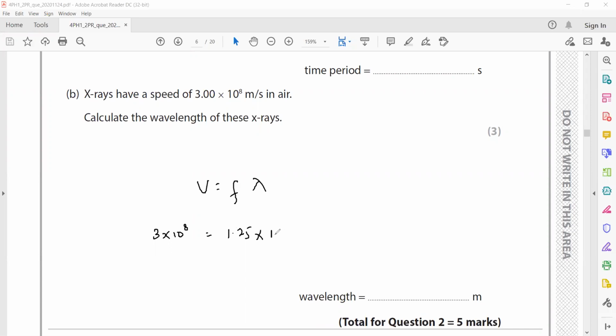We need the wavelength. So the wavelength will be 3 times 10 to the power 8 divided by 1.25 times 10 to the power 18. So we'll get the answer in meters, which is 2.4 times 10 to the power minus 10 meters.